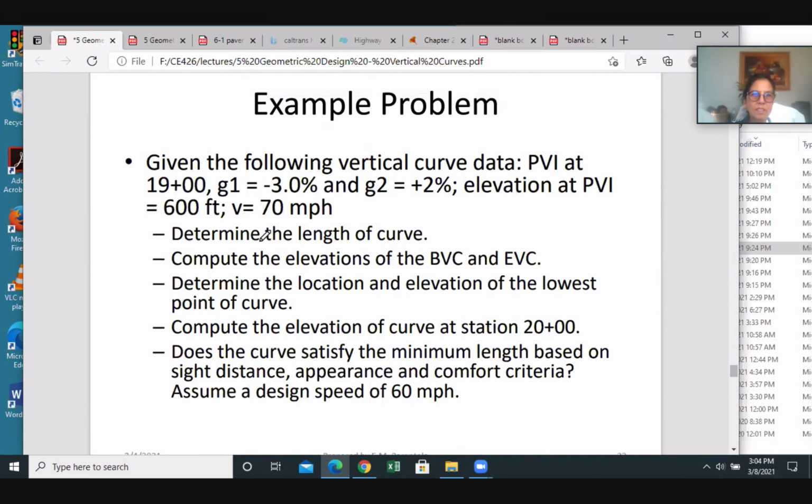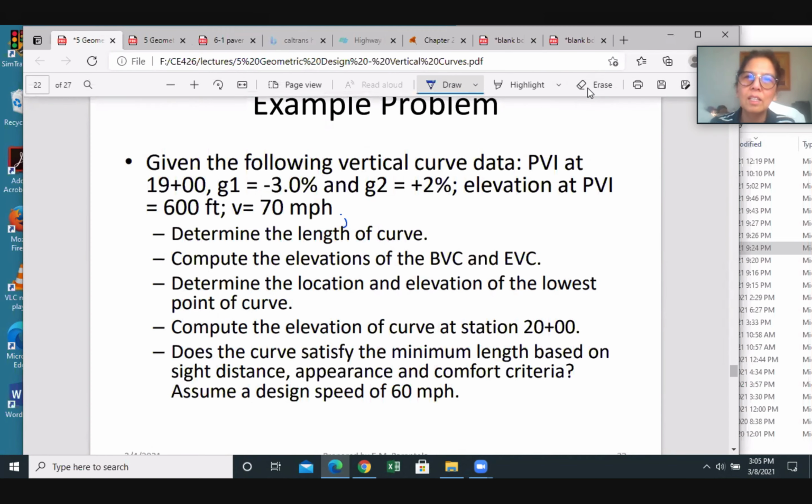Let's see what's given. Maybe there is an easier way. Okay, elevation of the PVI is given. I missed something here. It should be station. Okay, let's add another piece of info here. Station of the BBC is given.